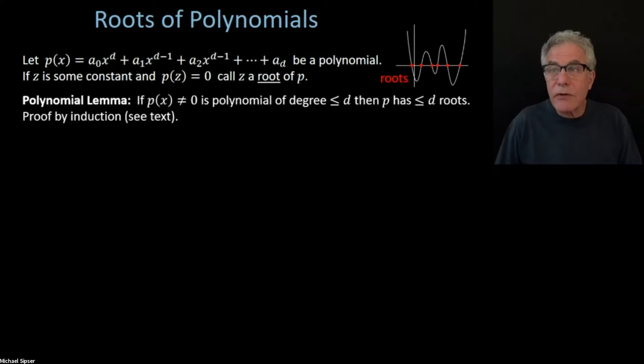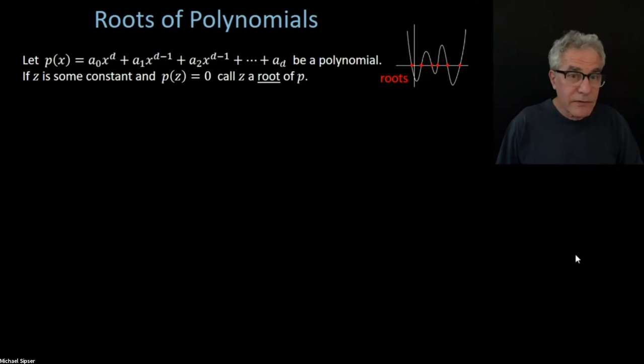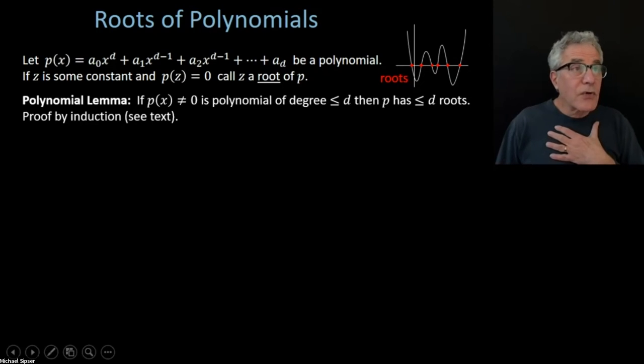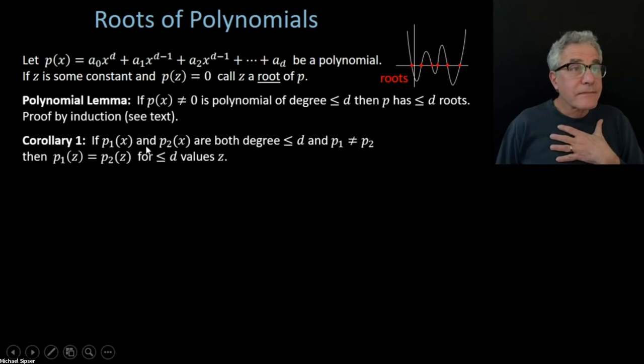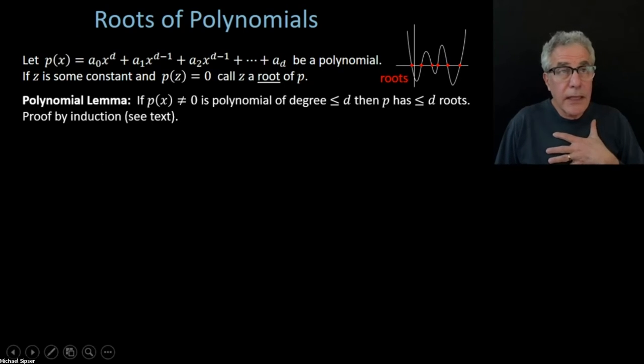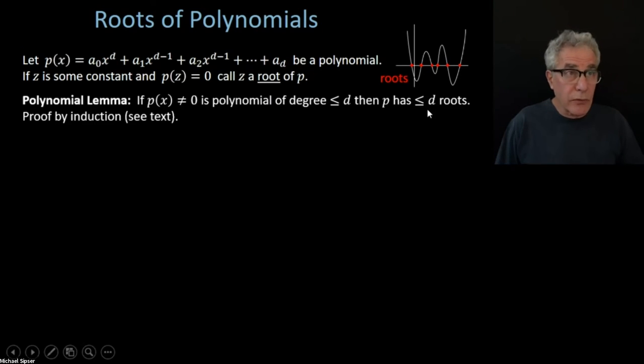Should be d minus 2 over there. Pretend that's a 2. All right. So if you have a polynomial of degree at most d, it has at most d roots.